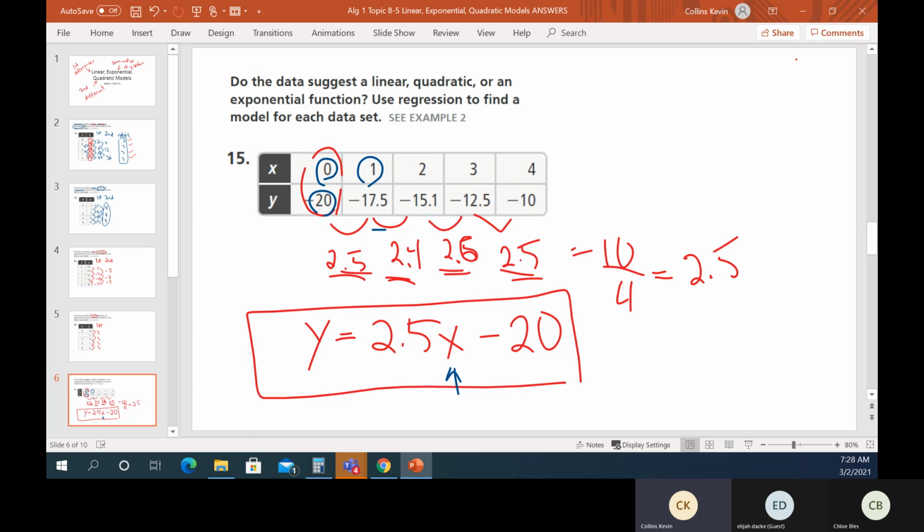So next guy will be a little bit off, because if I plug in 2 here, 2 times 2.5, that's 5, and then 5 minus 20 is minus 15. We had minus 15.1. Pretty close, though. So this would be a good approximation of our situation here. Okay.